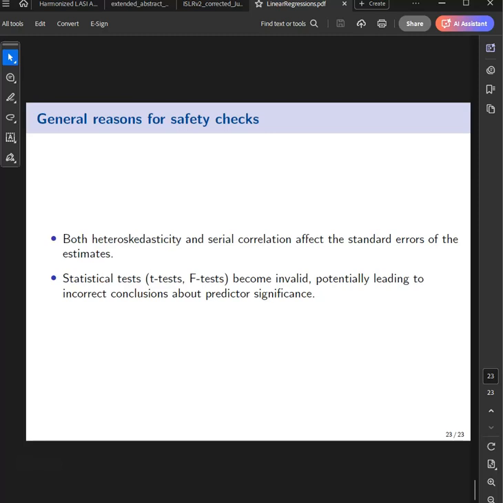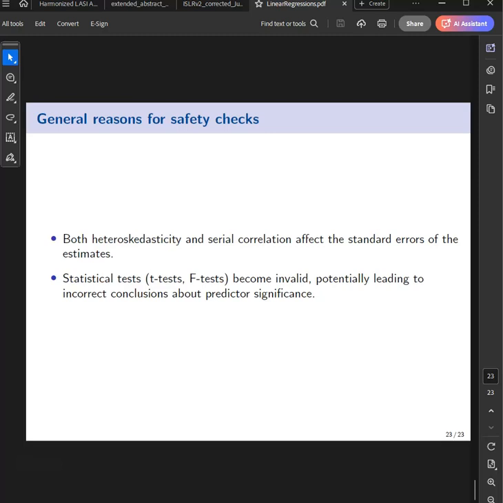Let's take a step back and consider why these checks matter. Both heteroscedasticity and serial correlation affect the standard errors of our estimates. But as I said, they don't affect the point estimate, so they don't change the value of association that you get. So why should we care about it? We should care because when our standard errors are incorrect, all our statistical tests based on these errors become invalid.